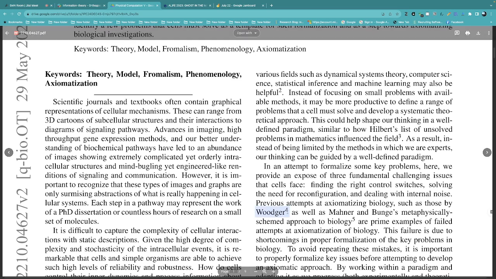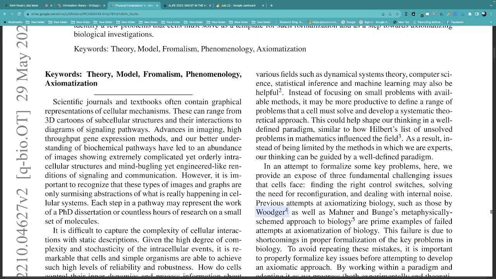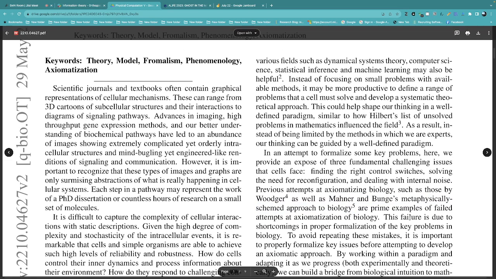So Woodger, I remember reading his book on classifying the tree of life using axioms. And there are some other schemes for approaching biology using axioms. Those are failed attempts at axiomatizing biology. Those failures were due to shortcomings in proper formalization of the key problems in biology.